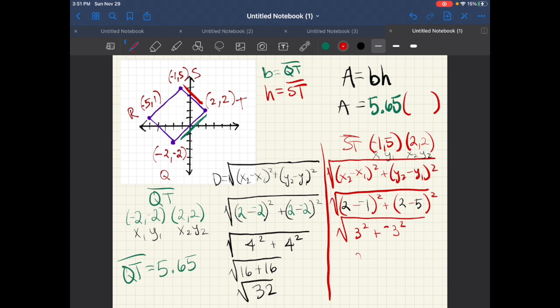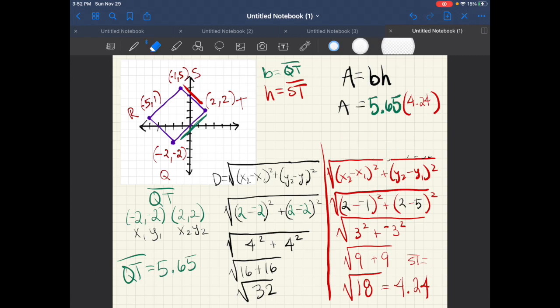So 3 to the second power is 9. -3 to the second power is 9. 9 plus 9 is 18. And the square root of 18 equals 4.24. So ST is equal to 4.24.